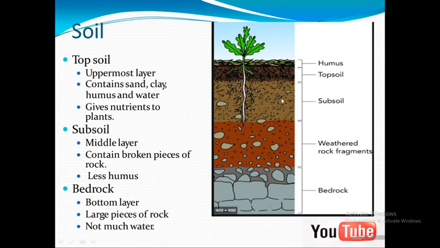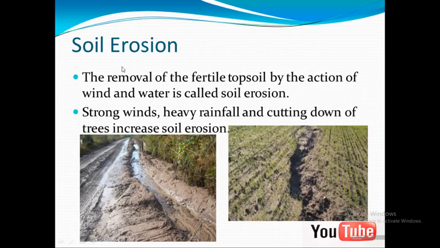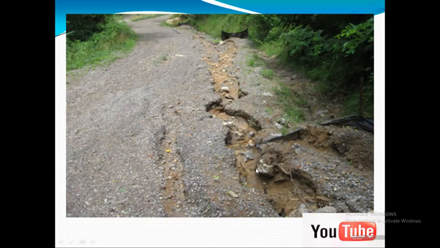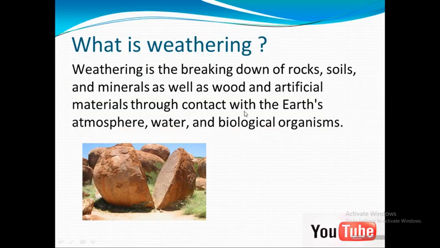These are the layers of the soil. Soil erosion is the washing away of the topmost layer of the soil. The breaking of rock by the action of winds, water, atmosphere and biological agents is called weathering.